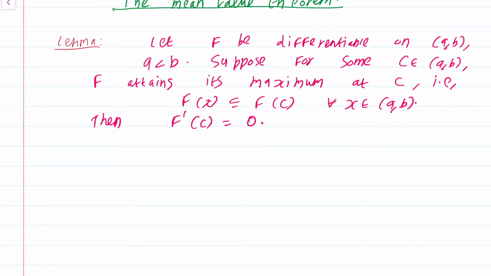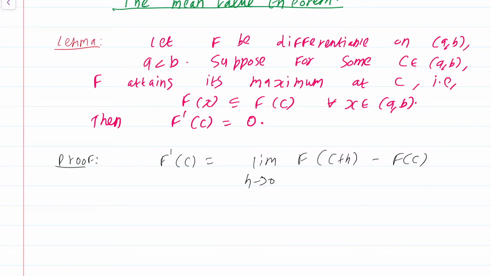The derivative of a function at a point where it attains its maximum in the open interval (a, b) is always going to be 0. And the proof of this is directly from the very definition of the Newton quotient. So let's take the derivative at c. This f prime of c is nothing but the limit as h goes to 0 of f of c plus h minus f of c, divided by h.